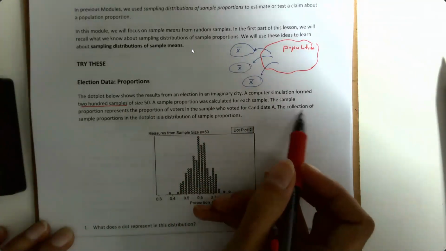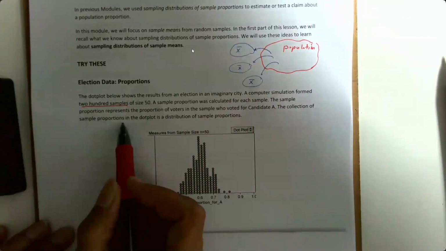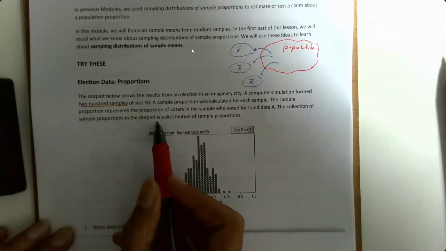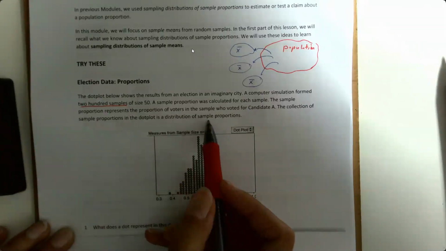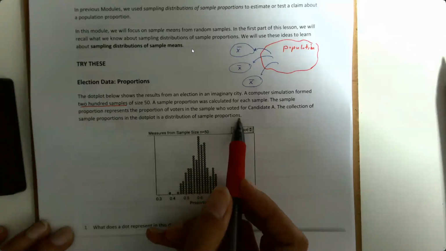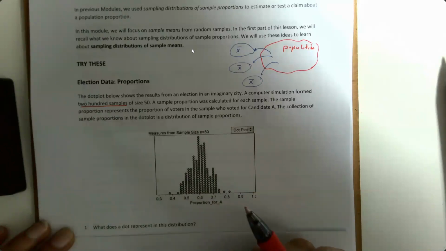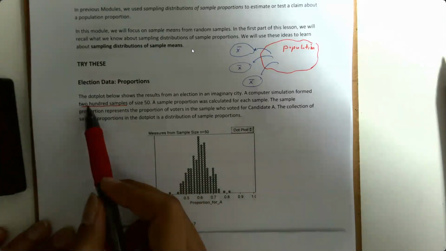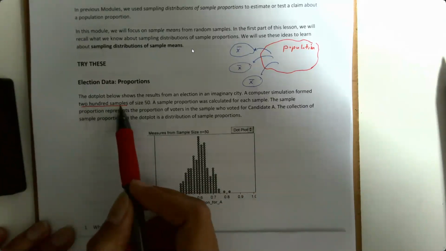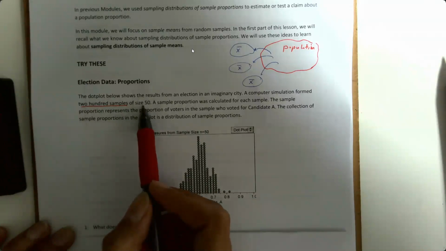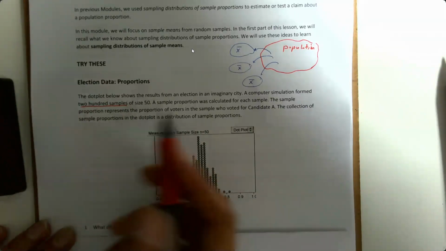The collection of sample proportions in the dot plot is a distribution of sample proportions. So think about it this way: we have 200 samples, each of size 50. Then we calculated p hat in each sample.